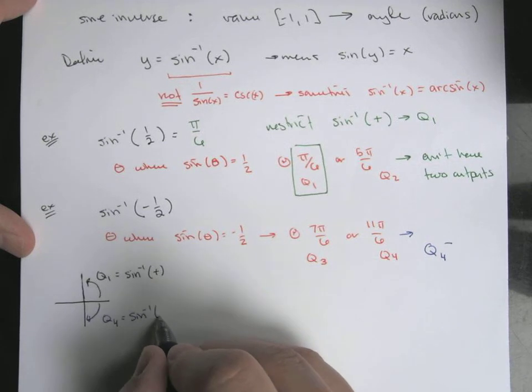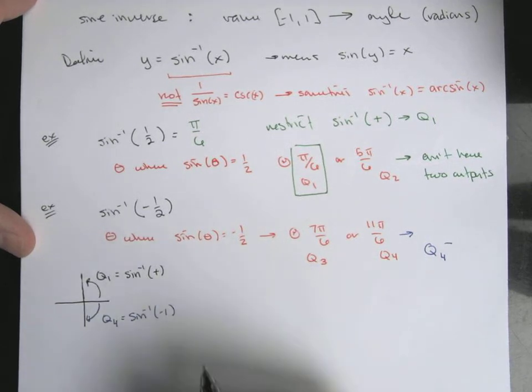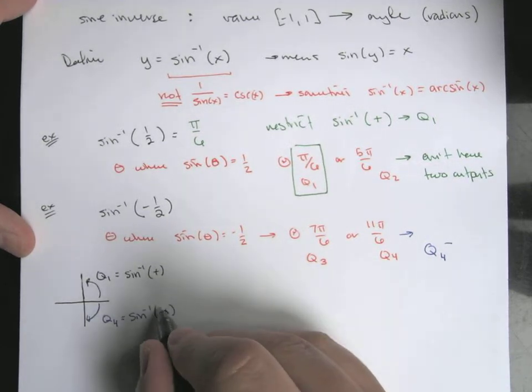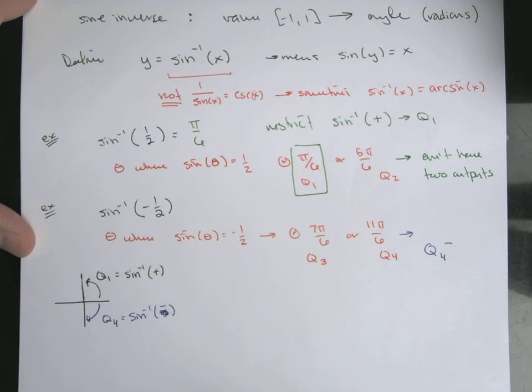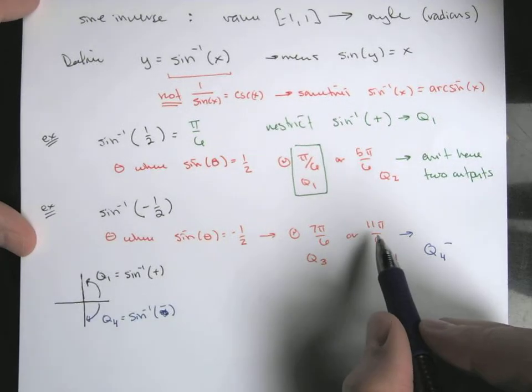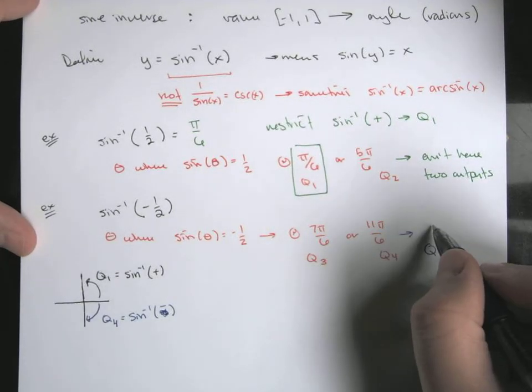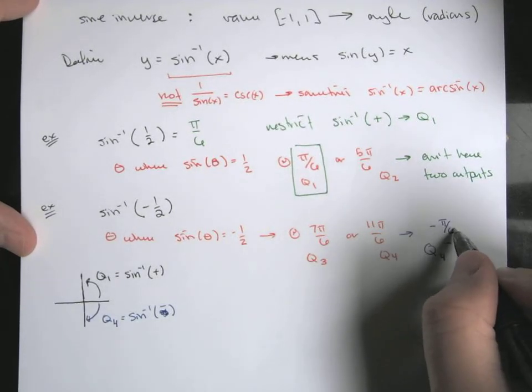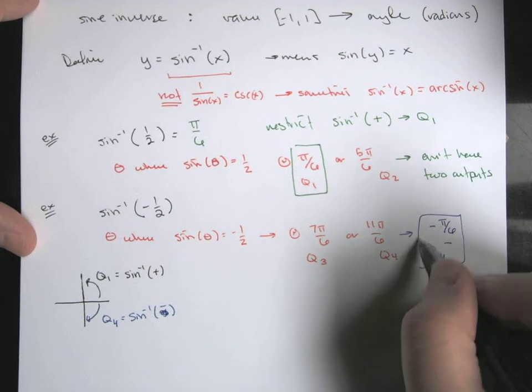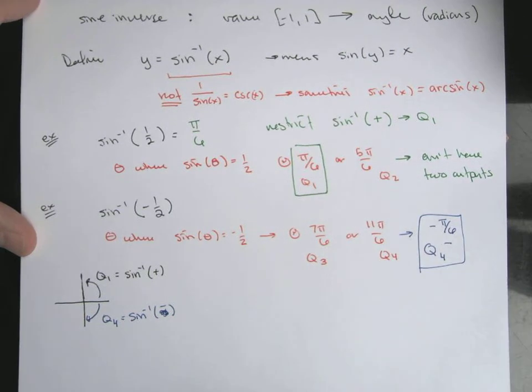So sine inverse of a negative value. Sorry, this is just supposed to be any negative, not just negative 1. So any negative value is going to be quadrant 4, but rotated in a negative direction. So instead of 11 pi over 6, I'm going to use the negative version of pi over 6.